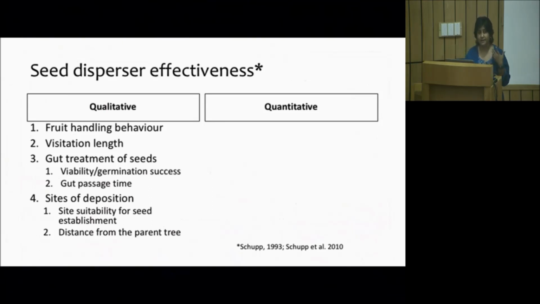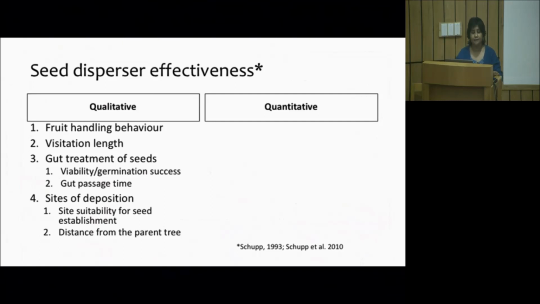The qualitative part includes a number of things like fruit handling behavior, then the visitation length of the bird at fruiting trees, and I will explain why that is important later, gut treatment of seeds, the viability of seeds and whether they germinate well after going through the gut of the animal, then the time taken to move through the gut, and where the seeds are deposited, the site of deposition, whether the site is suitable for establishment, and also the distance from the parent tree, as I had pointed out earlier.